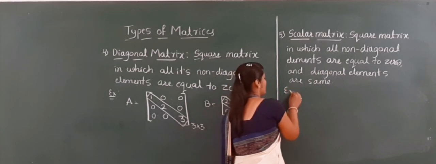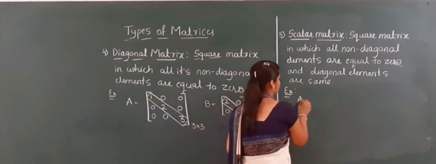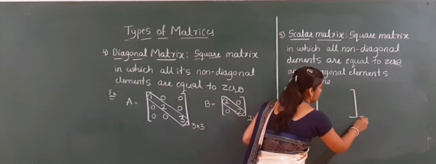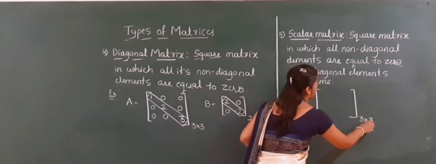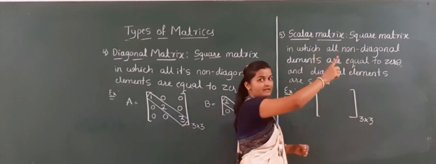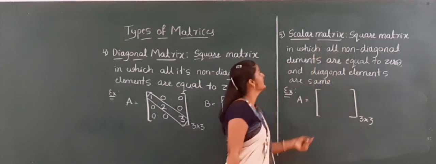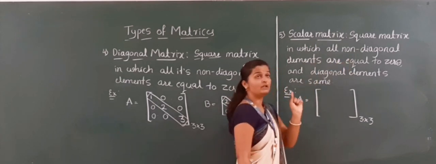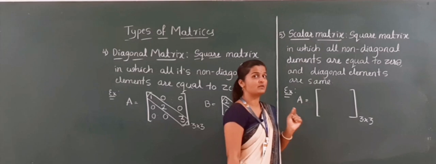So for example, I can write the scalar matrices like this. I will take one 3 by 3 matrix, that is a square matrix. They have told square matrix. The first condition is a square matrix in which all non-diagonal elements are equal to 0. All non-diagonal elements must be equal to 0.